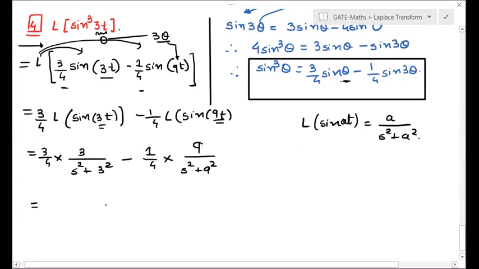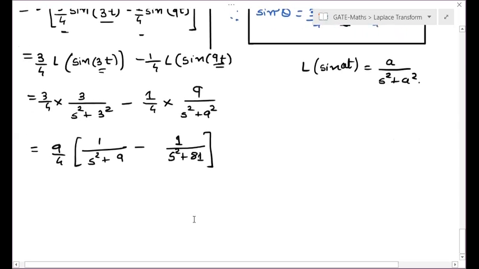So let us take 9 by 4 as common. In the first place I'll be having 1 upon s square plus 9 because 3 square is 9, minus 1 upon, 9 square is 81, s square plus 81.